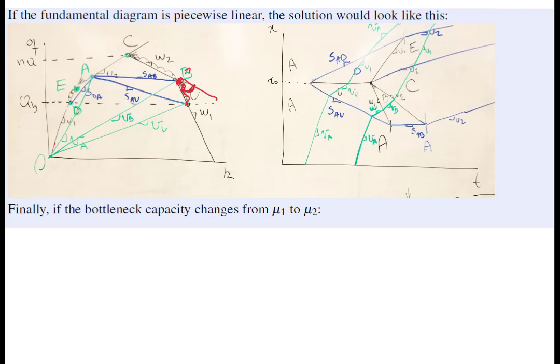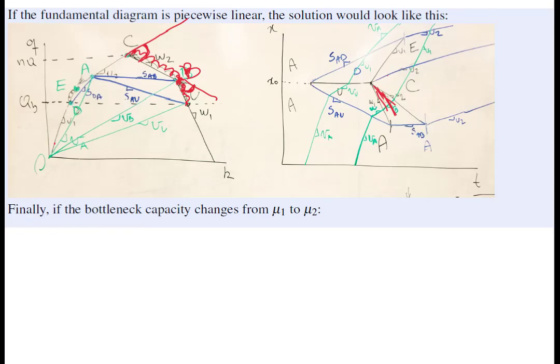So that's why you have all the speeds here between W1 and W2 in state B. It's like we have a fan, but they all carry the same flow of state B. All right, and then you keep going up the diagram to point C, and at C again you have all the wave speeds between W2 and U2.